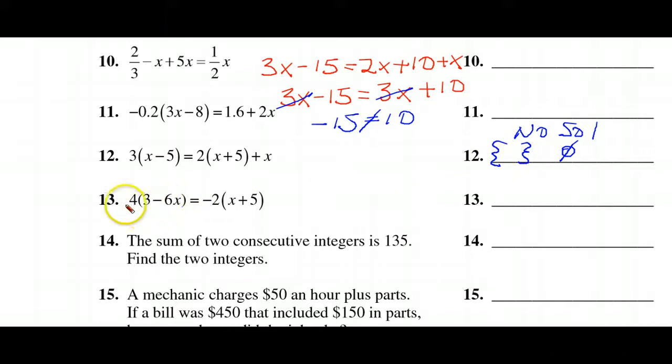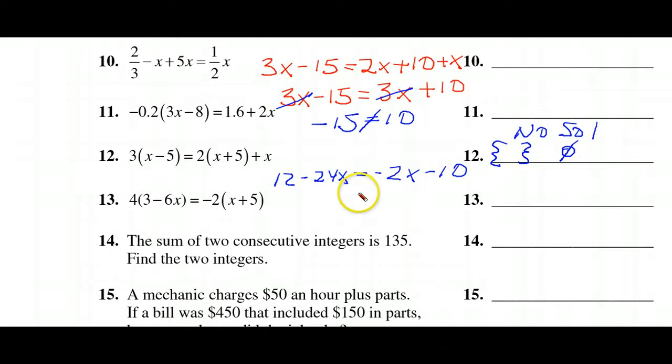All right, let's go on to 13. Here, this is going to be 12 minus 24x, and this is going to equal a negative 2x minus 10.